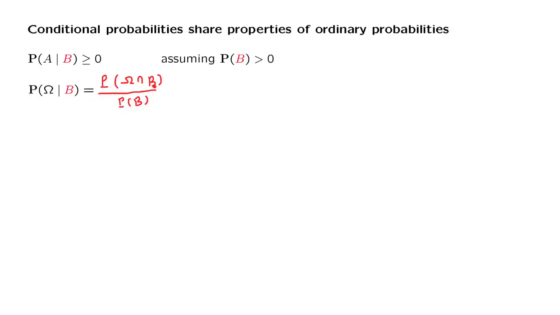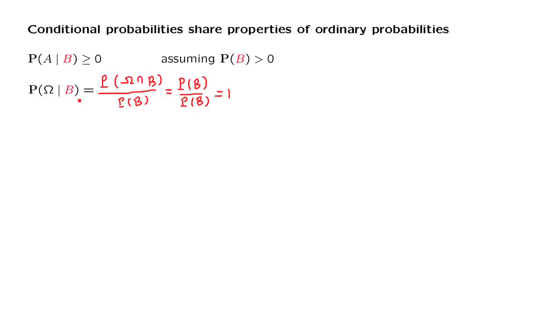B is a subset of omega, so when we intersect the two sets, we're left just with B itself. So the numerator becomes the probability of B. We're dividing by the probability of B, and so the answer is equal to 1. So indeed, the sample space has unit probability even under the conditional model.